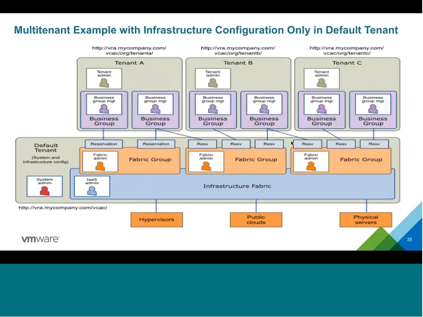Say you have an HR department or a business tower, a business group. They can be multiple tenants, but all the resources are managed by the central data center infra team. So there, you would use the system admin environment to create multiple tenants, and then log in as the default tenant admin and configure the infrastructure fabric.